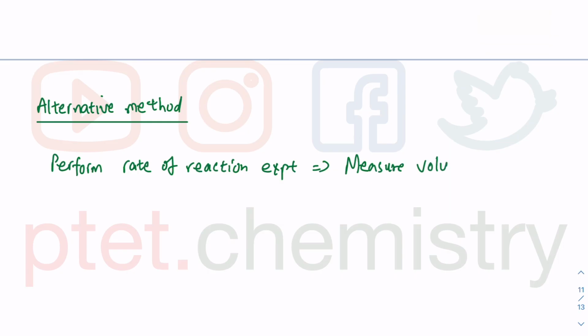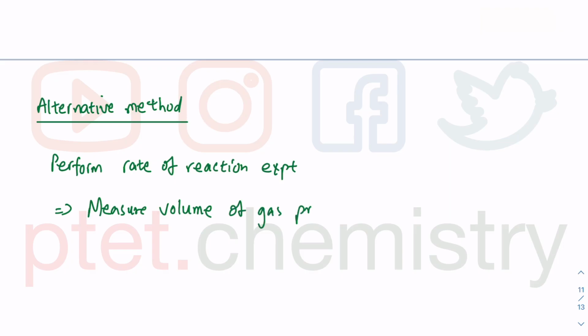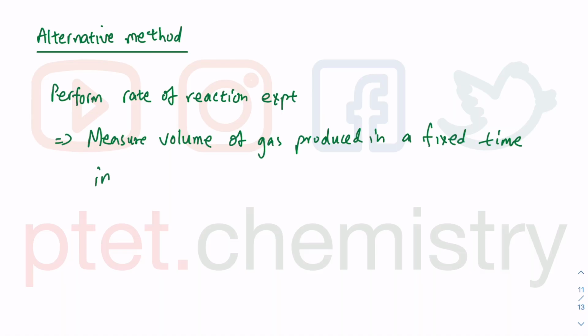There are two ways here. You can measure the volume of gas produced in a fixed time. After 10 seconds or 20 seconds, measure the volume of gas using a gas syringe.